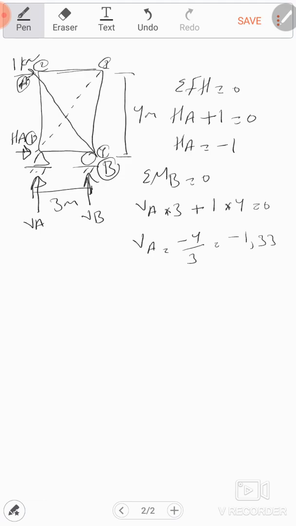So VA equals minus 1.33. Next, VB equals 1.33, positive. This one is positive. It is already in equilibrium. Both of them will sum to 0.